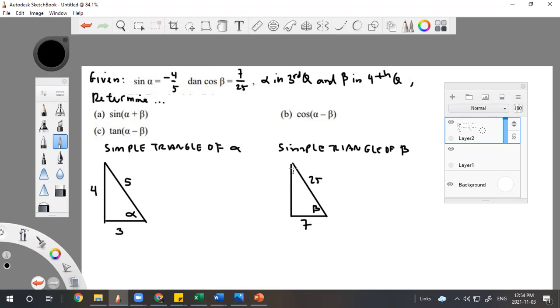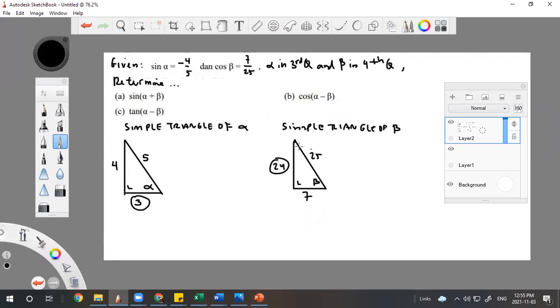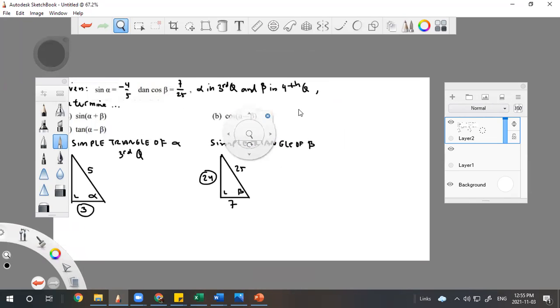When you do this, you will find that the opposite is 24 by using Pythagoras rule. Okay, I circle the number that has to be calculated with Pythagoras, but you don't have to. And since it's on the third quadrant, we have the memorization, remember?